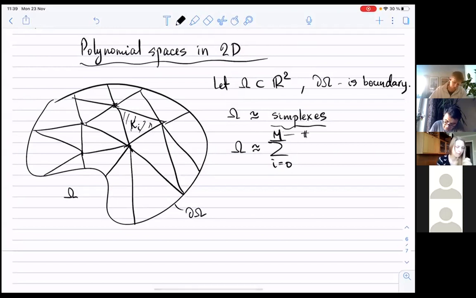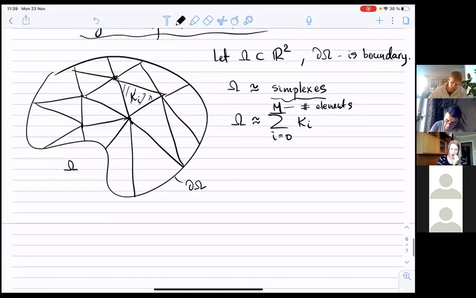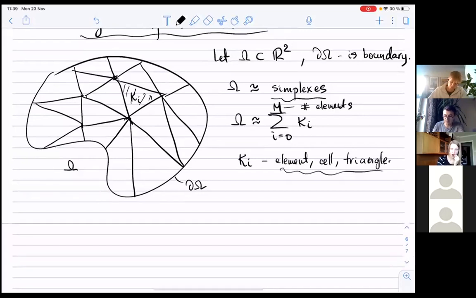K_i is usually called an element. It's also called a cell, or in this case a triangle; there are many names. The name finite element counts that the number of elements we put in this triangulation is finite.